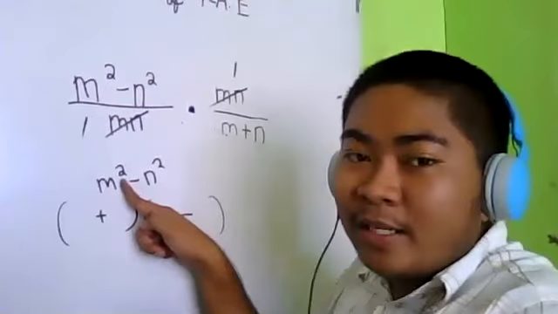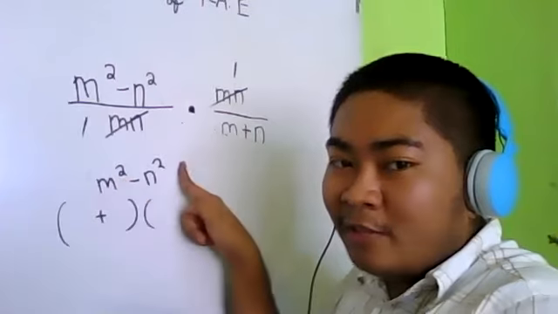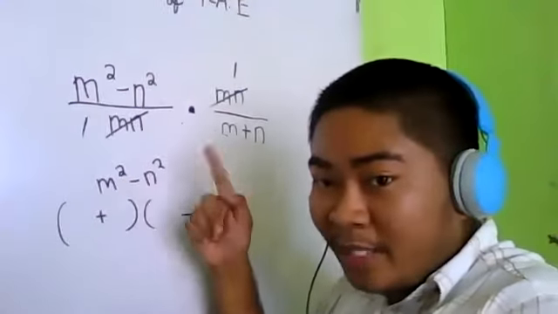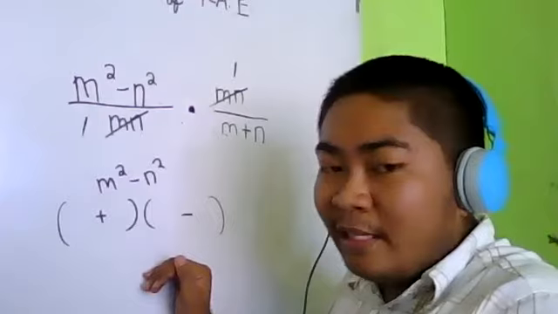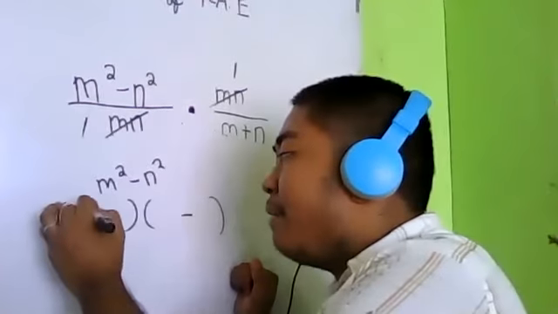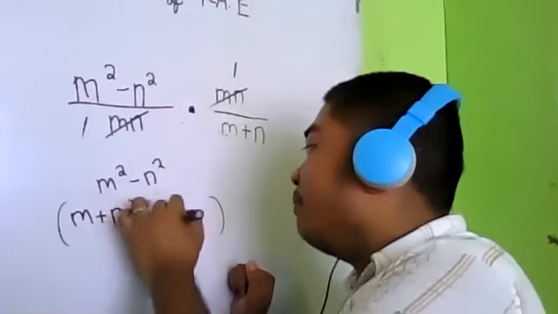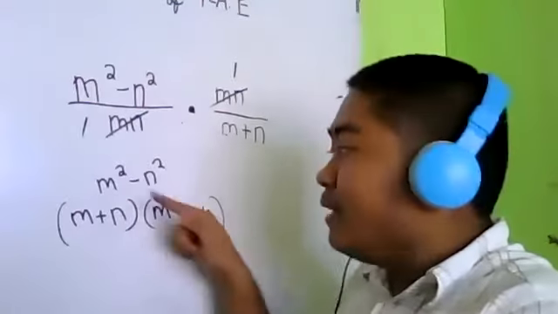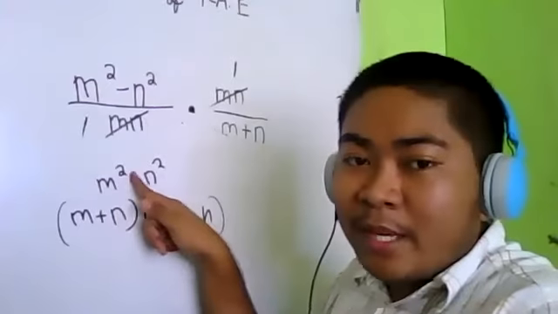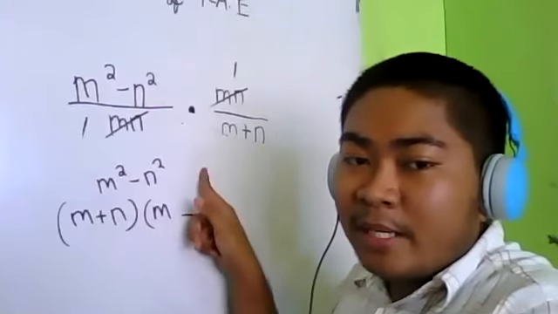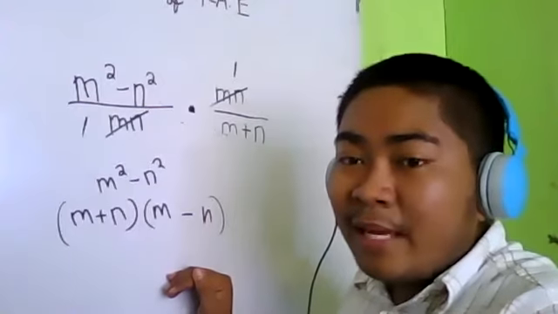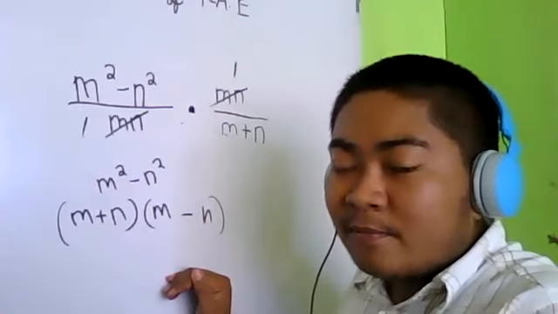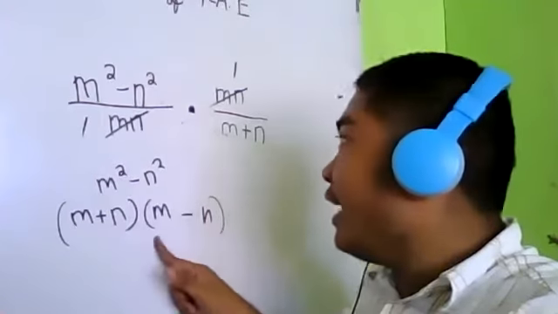Then perfect square, m squared, n squared, kahit anong squared dyan, basta squared, that would be like this. So, we have m, n, tama? Kasi m times m is m squared, n times n is n squared, positive, negative. This is the sum and difference, tama? So, ito na yung factor niya.